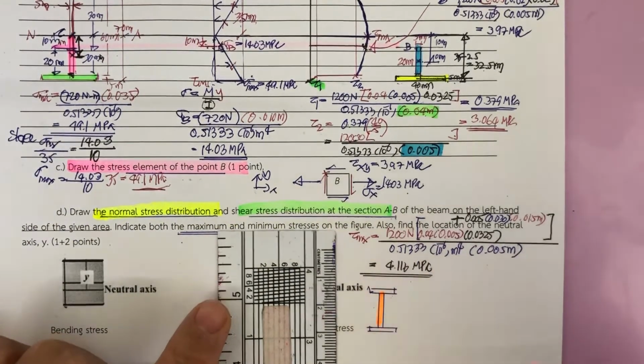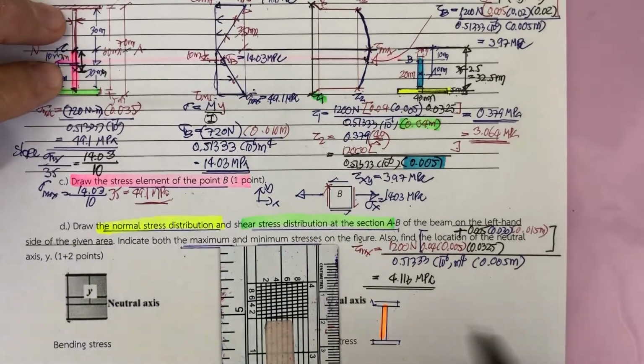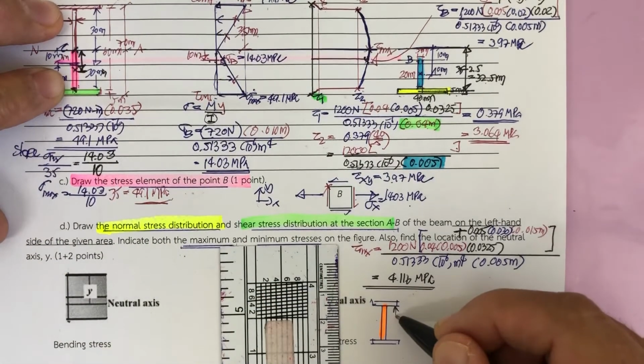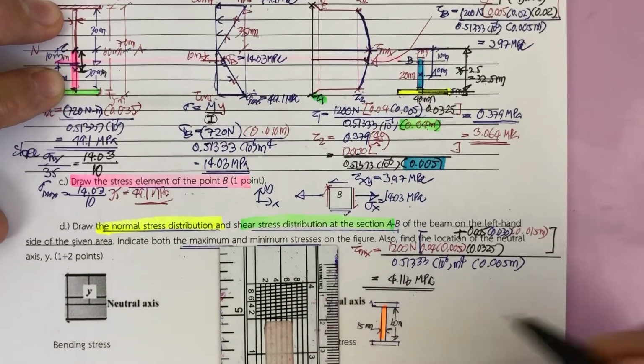Okay, if you take a look at this one, total is 60 millimeter. The thickness here is going to be 5 millimeter.